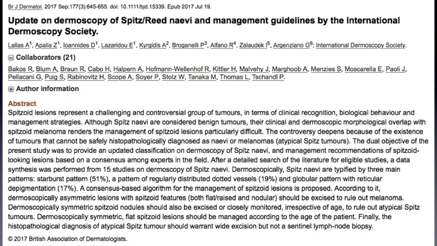One of the recommendations of the International Dermoscopy Society is that in the case of a typical spitzoid pattern, either pigmented or non-pigmented, we can do a follow-up of the lesion. So we can follow the patients instead of excising the lesion, because the great majority of these lesions will undergo stabilization or involution over time.